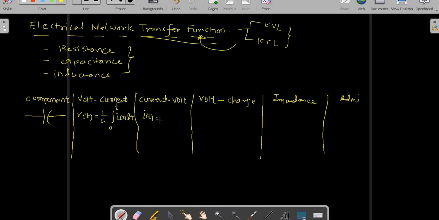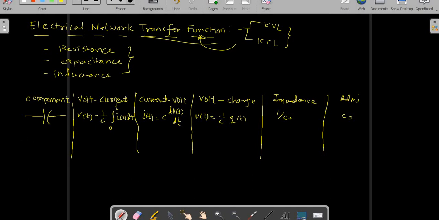I of t is equal to C dV of t upon dt. What about voltage charge relation? It will be V of t is equal to 1 upon C, that means derivative of this term, Q of t, where Q is the charge. Impedance is equal to 1 upon Cs and admittance will be simply Cs.